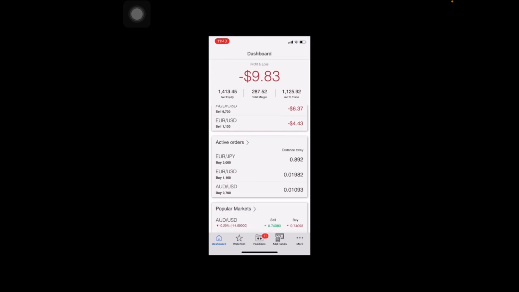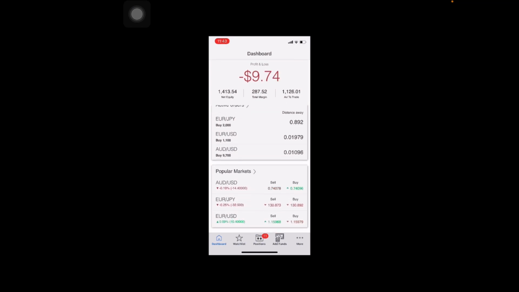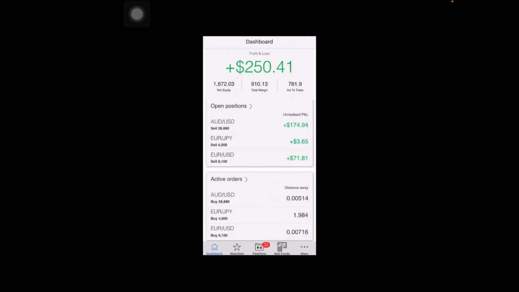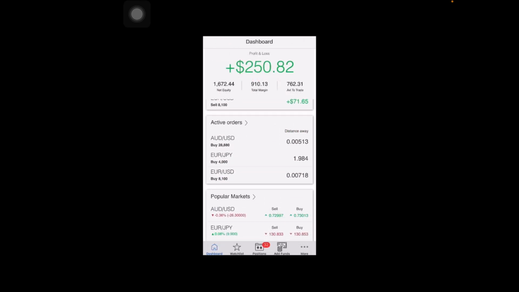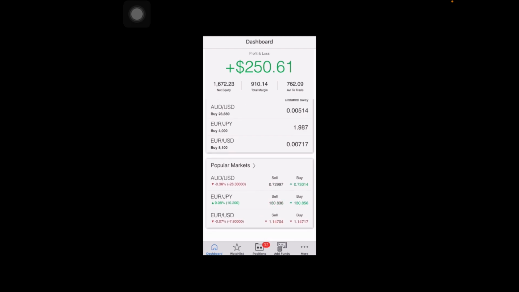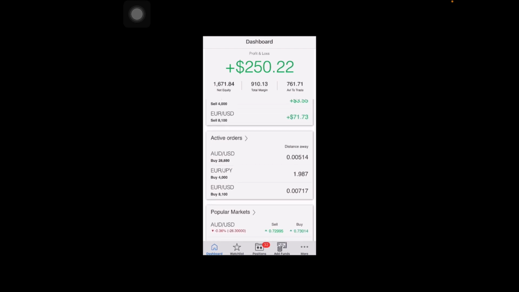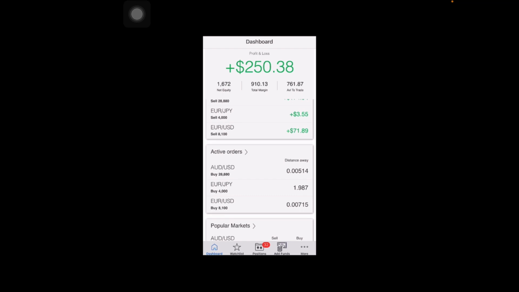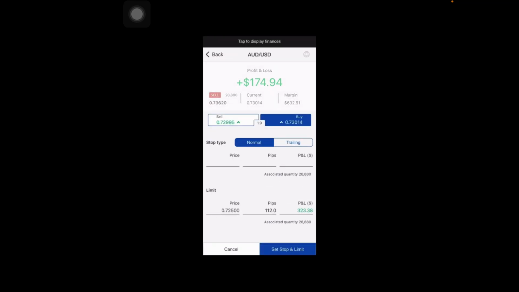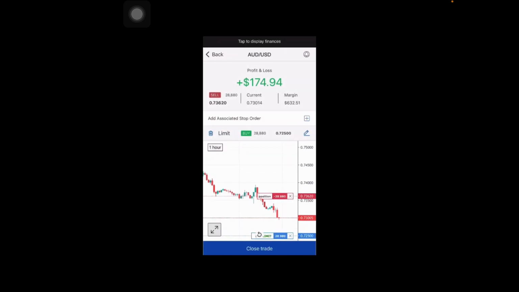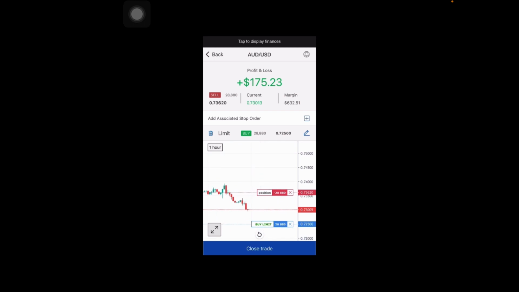As you clearly see, guys, I pulled some positions in over the last week or two. I've been putting positions on these charts and these pairs: the Australian dollar, the euro, and the Euro JPY. I've been taking these trades and I've been killing it in the market, and you can clearly see that in the video.